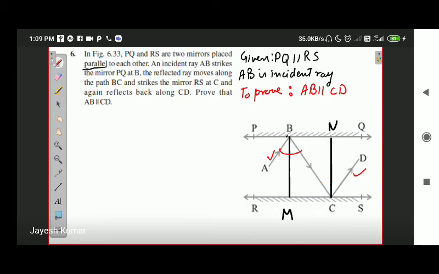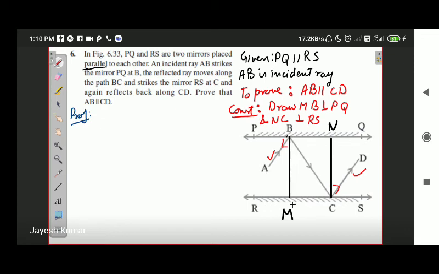Now let's start. Let me write down the construction first. For construction, draw MB perpendicular to PQ and NC perpendicular to RS. You have to draw two perpendiculars, one here and another here.